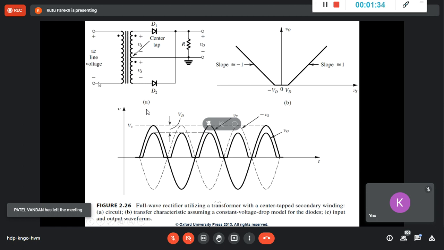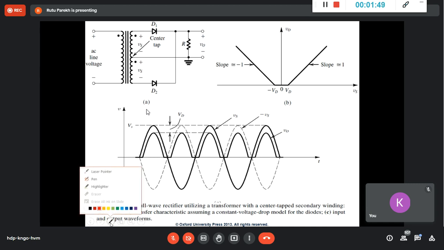During the positive cycle, the voltage developed here is of this polarity, which will forward bias this diode. And remember, whatever the voltages are, you should be very clear in your mind that the drop across the diode, this curve, is always the same.